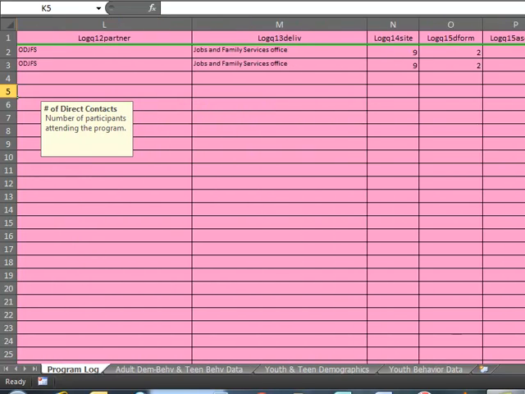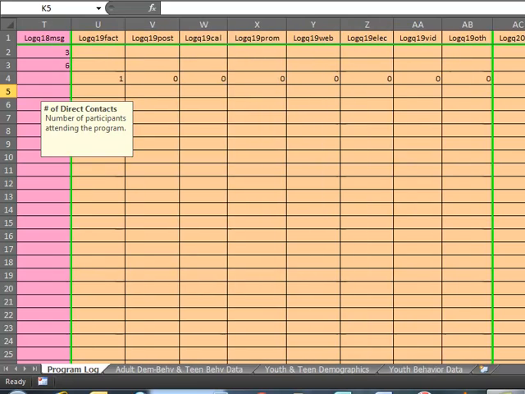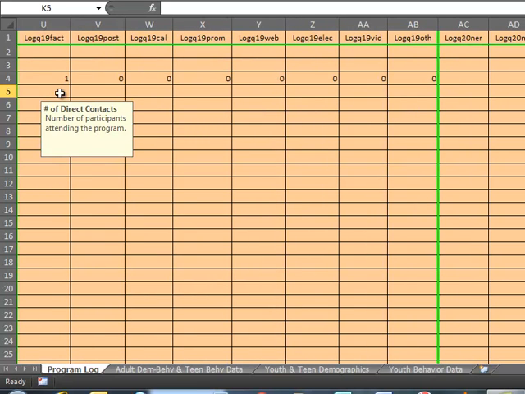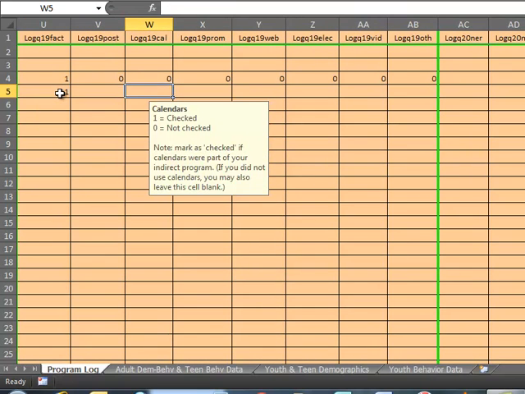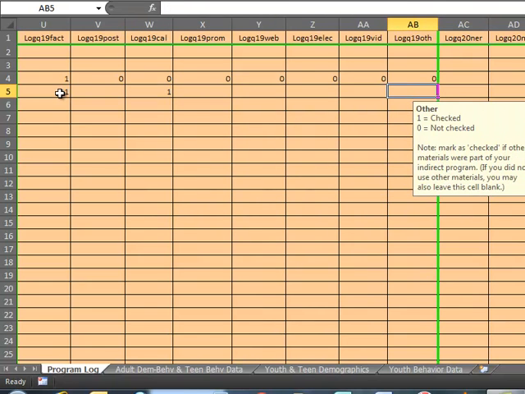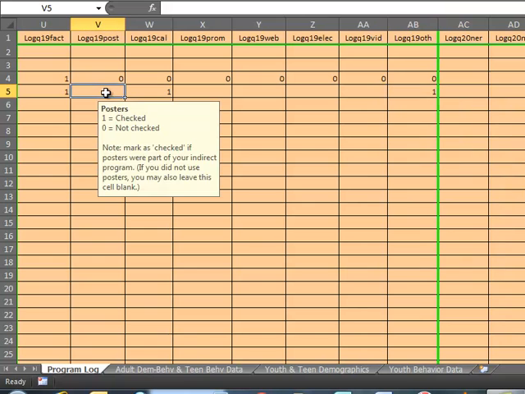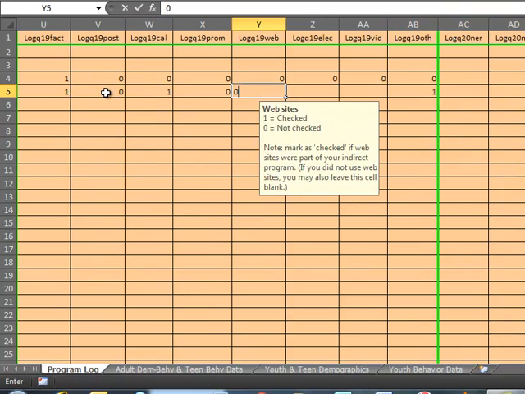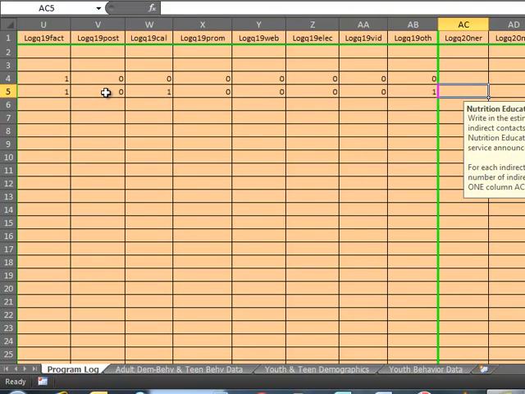We will skip the pink columns, and as part of this person's booth, they had fact sheets, they had calendars, and they had recipes. So these are the materials I used. You can either leave the ones you didn't use blank, or you can put in zeros. It's your choice.